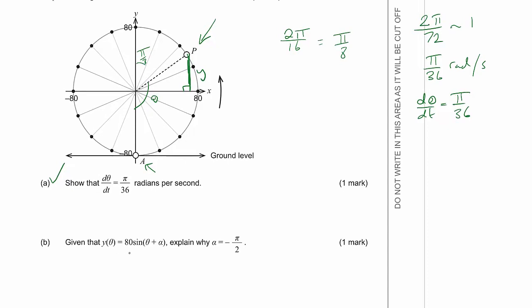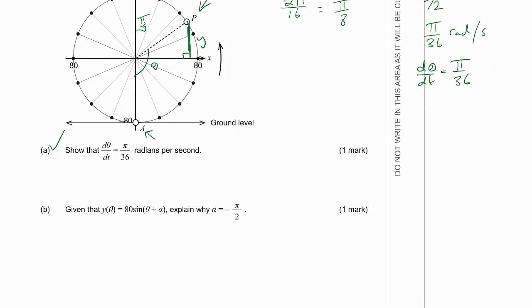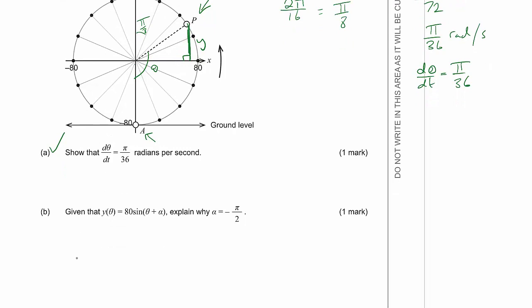Given that y of theta is 80 sine of theta plus alpha, explain why alpha is negative pi by 2. Well, we can see that from the diagram. So if we think about the diagram there and the car at position P, then we know that this is theta. We know that this angle is pi by 2.